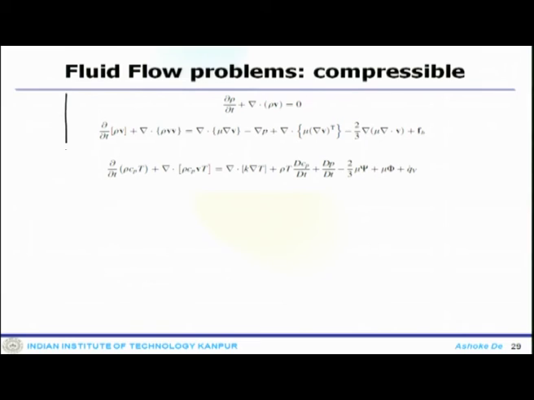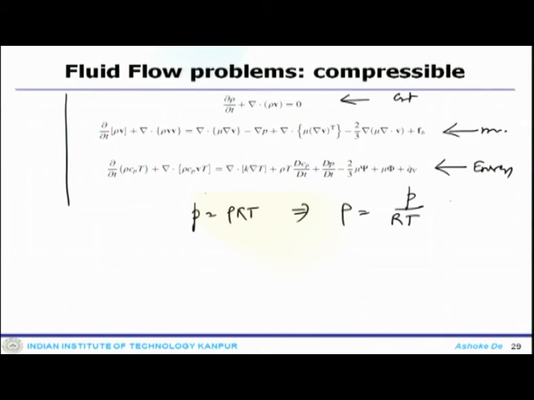Now, these are the set of equations. This is your continuity equation, this is your momentum equation, this is your energy equation. And one more equation which will be required is the ideal gas law, P equals rho RT, which lets you calculate rho as P by RT. On top of all this, you need this equation, where the pressure and density can be calculated and connected with the temperature.